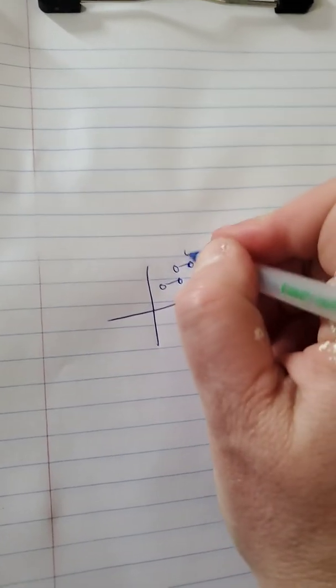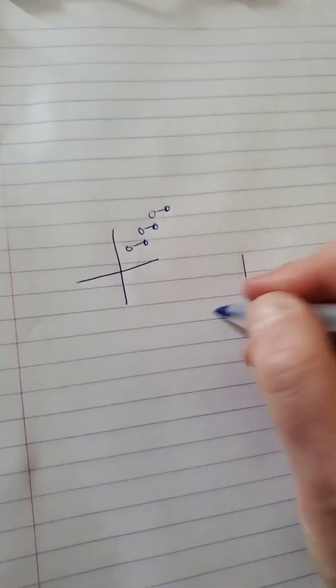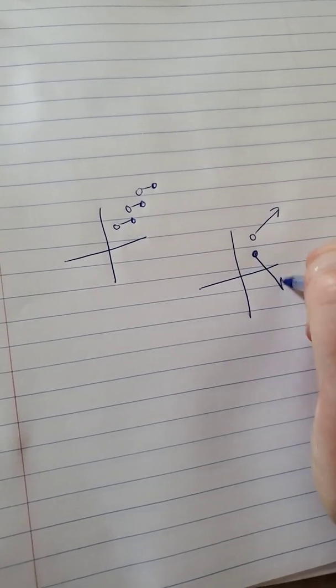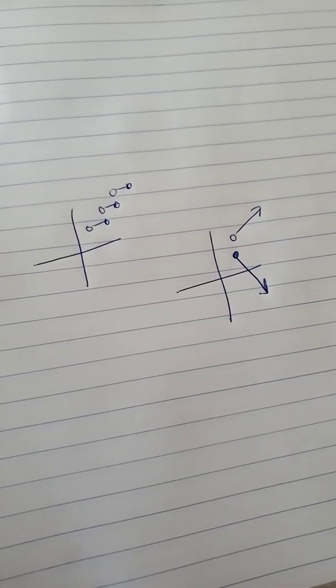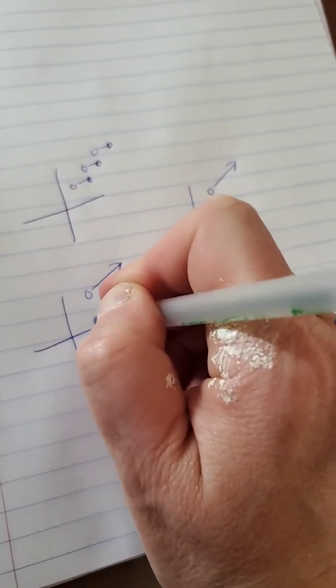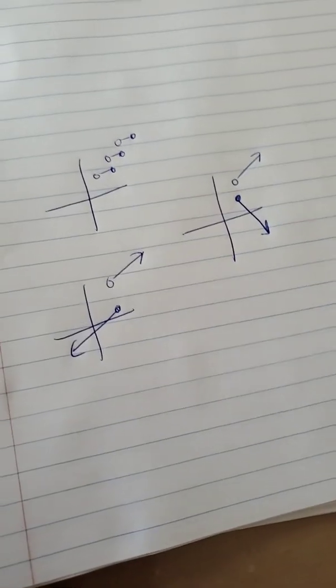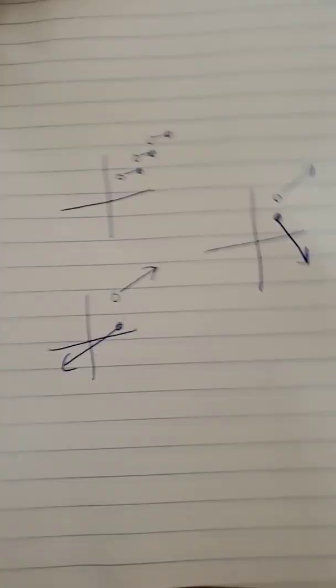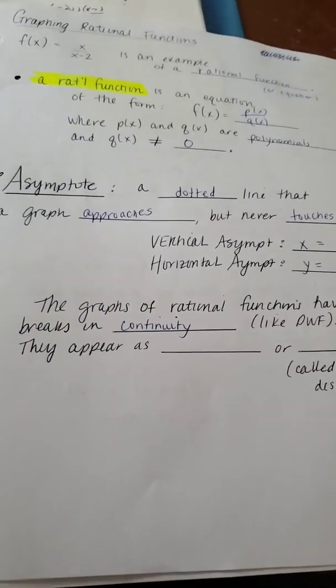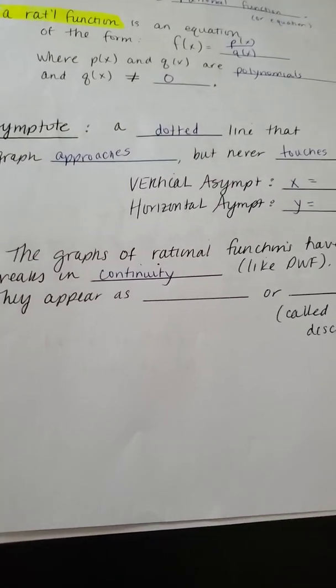These are the step functions we've done before. These have breaks in continuity, as do piecewise functions, which I'm sure you remember. They could look anything like that, although more commonly they looked like something like this. So those all have breaks in continuity. So you've seen that kind of material before.